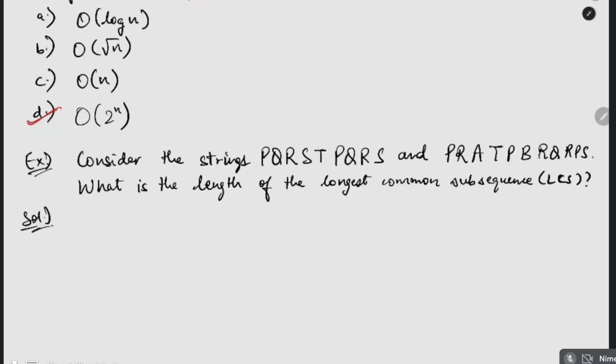So what we can do is, since these strings are fairly small, we can try to do a brute force search of the longest common subsequence, rather than trying out the dynamic programming based solution, because dynamic programming is easier when we implement it. It's not very fun to write it out.